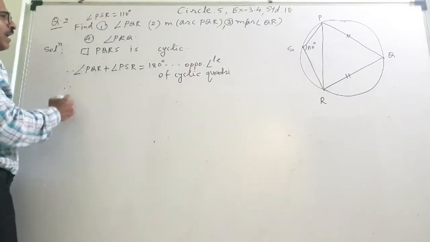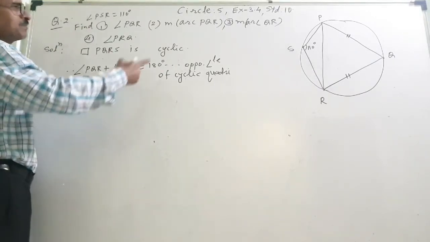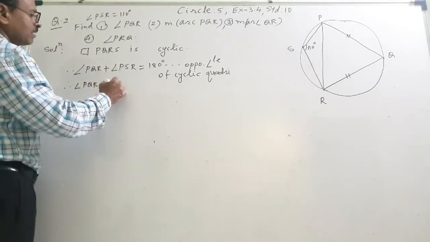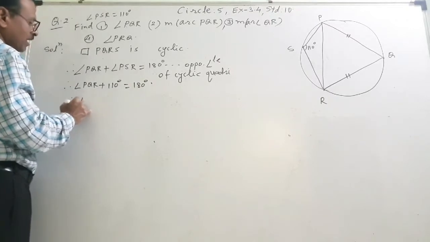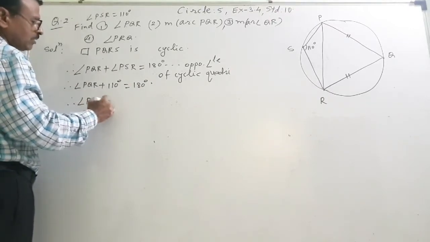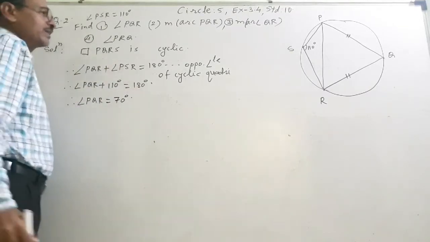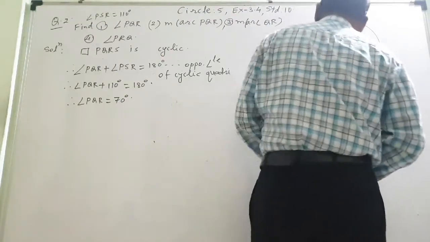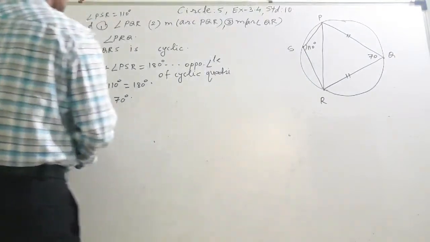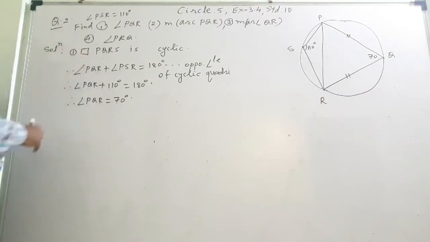Therefore, angle PQR plus this PSR, which is 110, is equal to 180 degrees, and therefore angle PQR is equal to, shifting this, it will be minus over there, and it will become 70 degrees. So I got this information, this is 70 degrees, this is better for me. This was the second one, and now this is the first one.